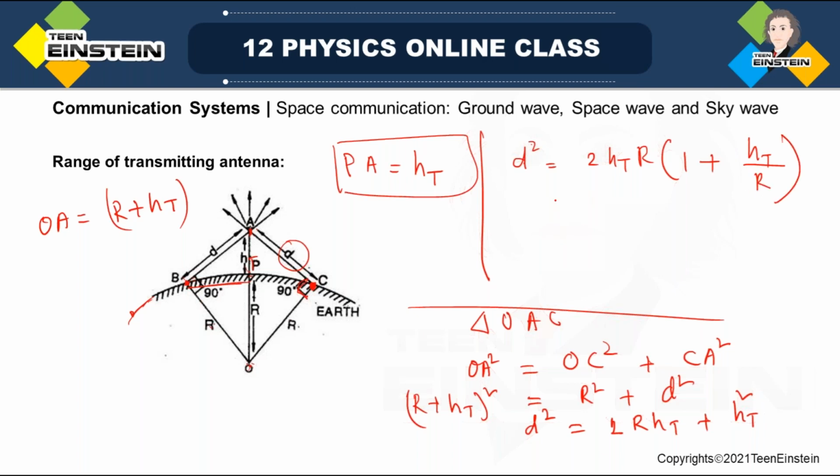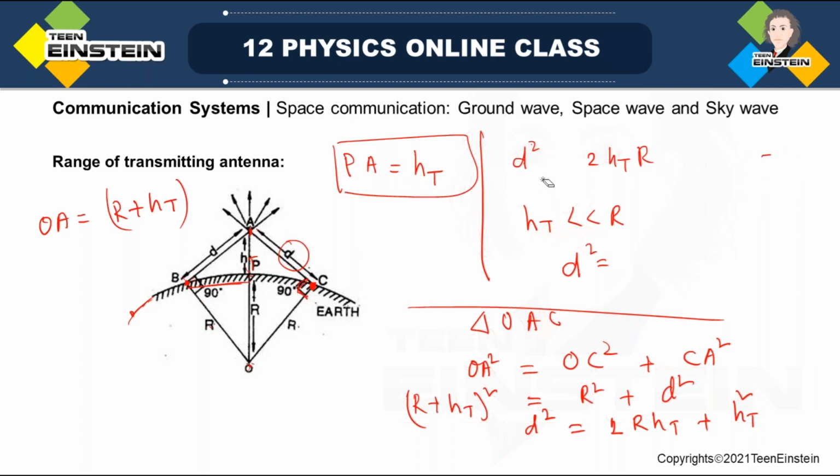Okay. Now look, this R is much greater than the height of the tower, and this R is the radius of the earth. So this ht, height of the tower, is much less than R. So this factor you can neglect. So d square will be nearly equal to this.